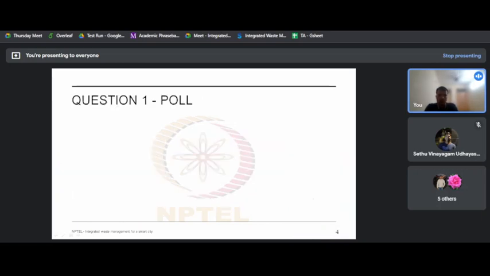So coming to the first question, this is a poll. The question is, what is the heating value of ethanol? The given options are 20,000 BTU per pound, 21,000 BTU per pound, 12,000 BTU per pound, and 31,160 BTU per pound. I will drop a poll, and you can also answer in the chat.